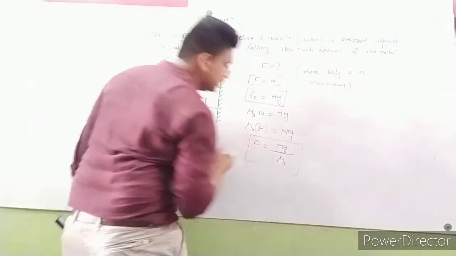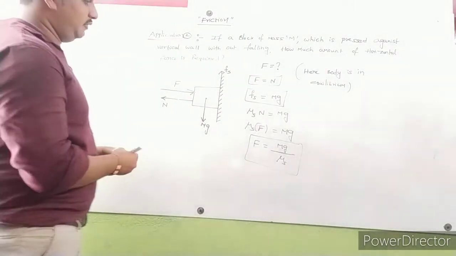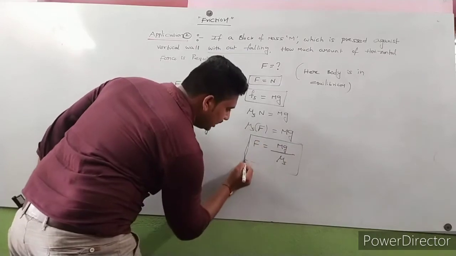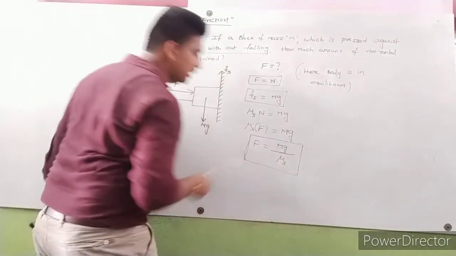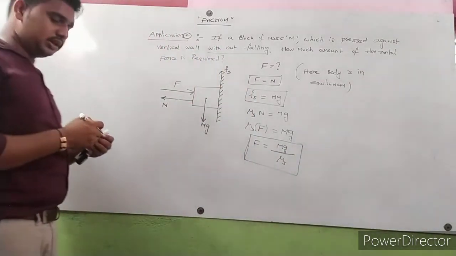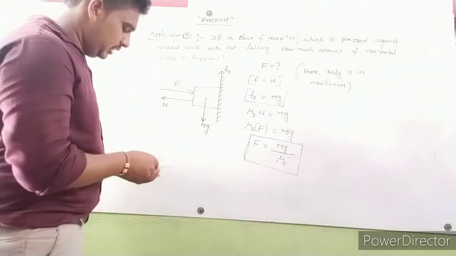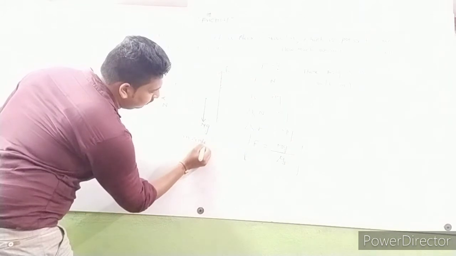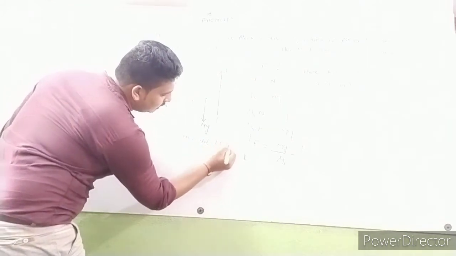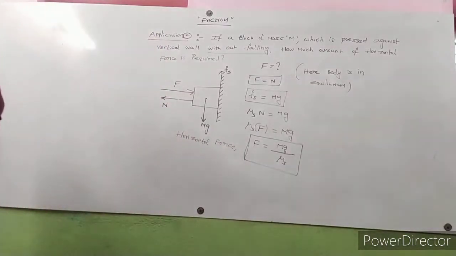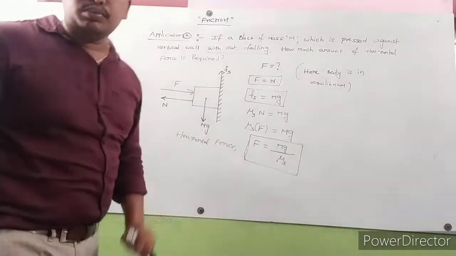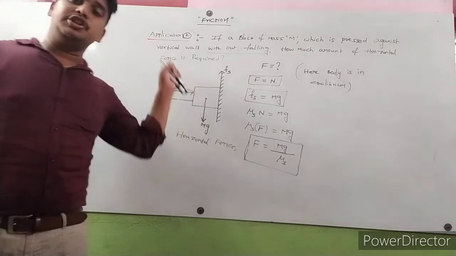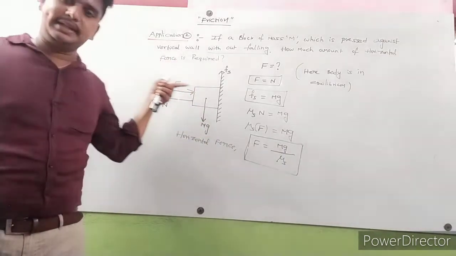This is very important. This is the second application. The required horizontal force F is equal to mg by mu s. This amount of horizontal force is required to press a block against a wall without falling.